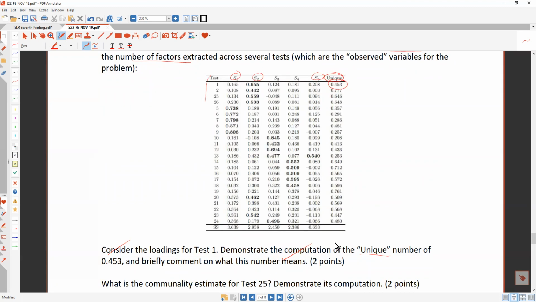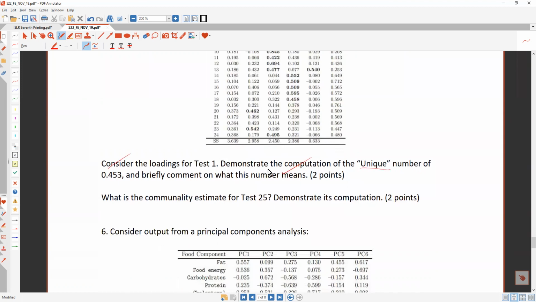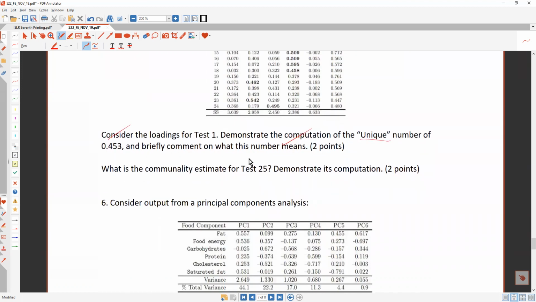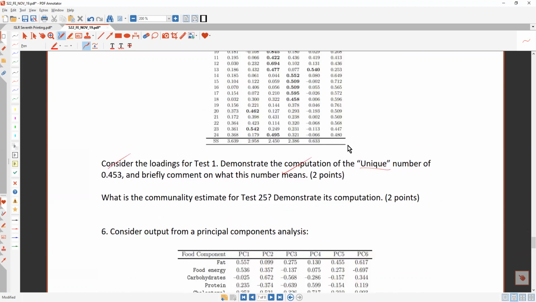Based on our lookup factor analysis, you should be able to do that. You might have to do a little digging to refresh on what that number is, but identify what it means and show the computation. So when you're doing the exam, you can leave some space here and put the computation down here. Again, for questions like this, you're not writing big paragraphs.